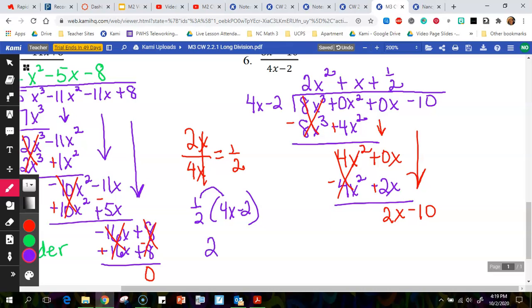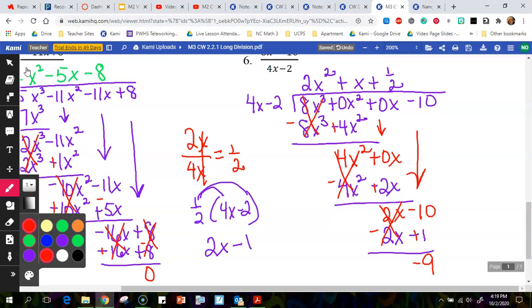So that's 2x, and then 1/2 times negative 2 is minus 1. That way, I can get rid of that x value, and negative 10 plus 1 is negative 9, so my remainder is negative 9. So that would be a minus 9 over my original divisor.